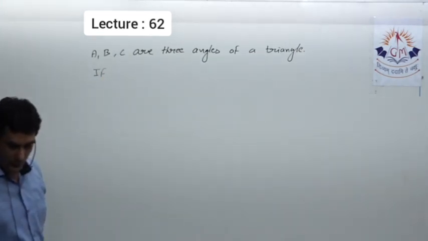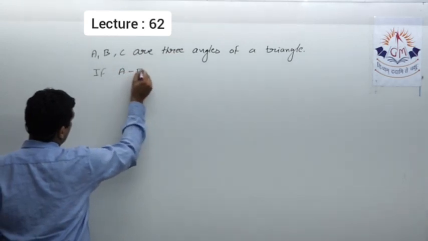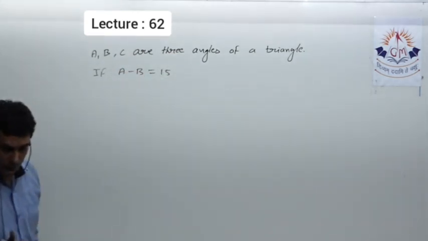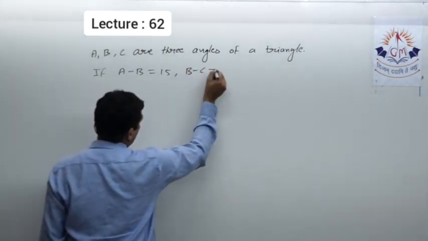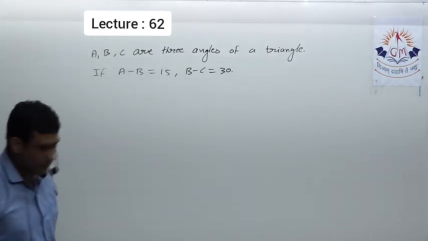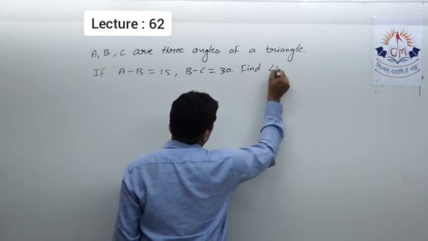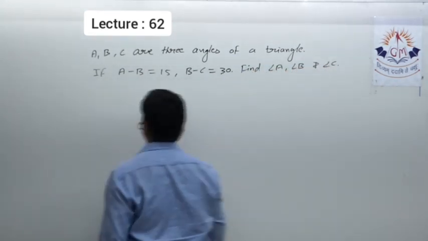If A minus B is equal to 15, B minus C is equal to 30, find all three angles, that is angle A, angle B and angle C.